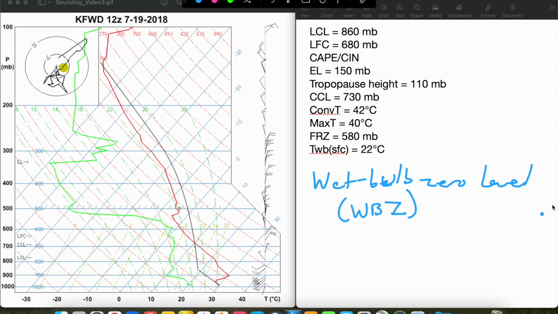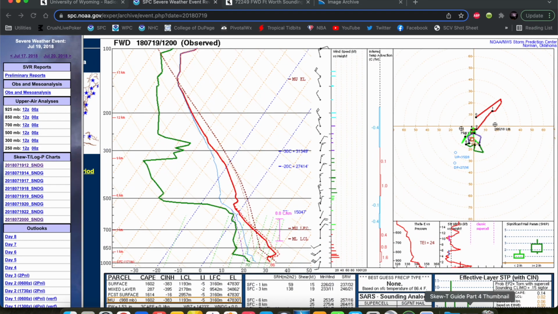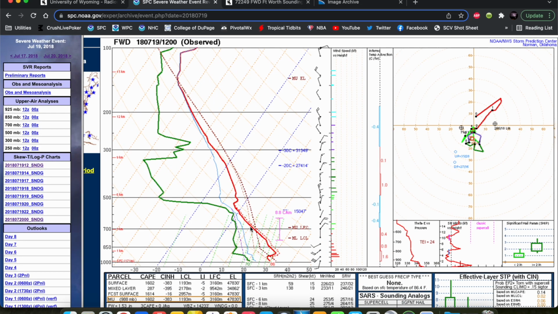So all you do to find that is go to our wet bulb temperature profile. Remember, it's the blue line right here. And we just follow the 0 degree isotherm up until it intersects with this wet bulb temperature profile.